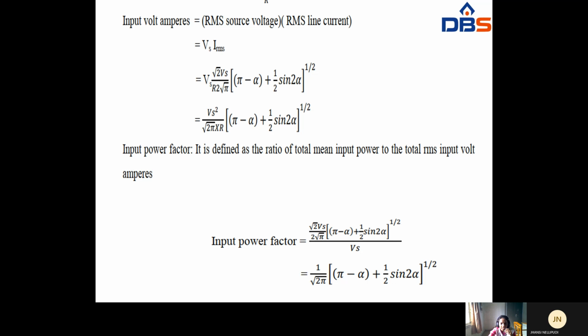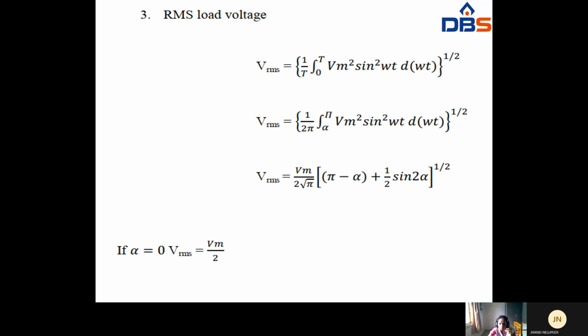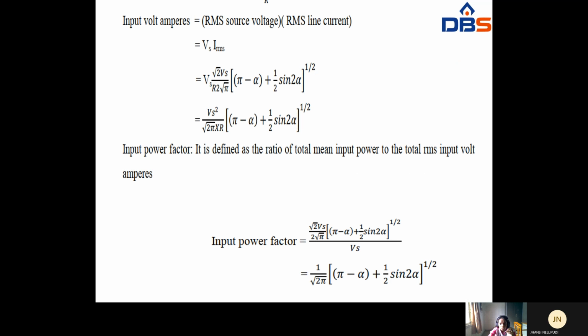Dividing VRMS by the resistance gives IRMS. So it is root 2 Vs by R into 2 root of pi minus alpha plus 1 by 2 sine 2 alpha, whole power 1 by 2. Then Vs square by root of 2 pi R into pi minus alpha plus 1 by 2 sine 2 alpha, whole power 1 by 2. This is the input volt ampere.